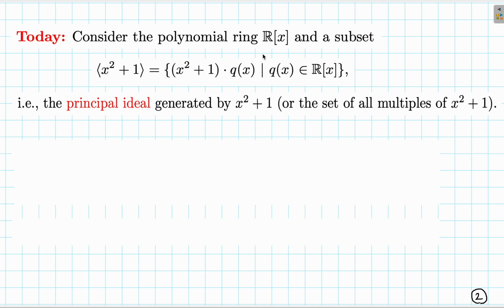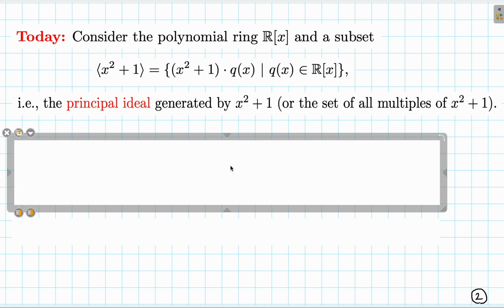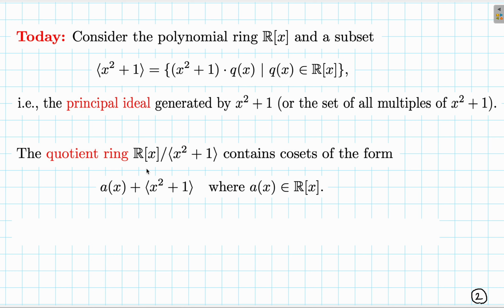In today's lesson, we will work with the polynomial ring R[x], where R is the field of real numbers, and ⟨x² + 1⟩, or the principal ideal generated by x² + 1, which is the set of all multiples of x² + 1. Now the quotient ring R[x] mod the ideal ⟨x² + 1⟩ contains cosets of the form a(x) + ⟨x² + 1⟩, where a(x) is a polynomial in R[x].